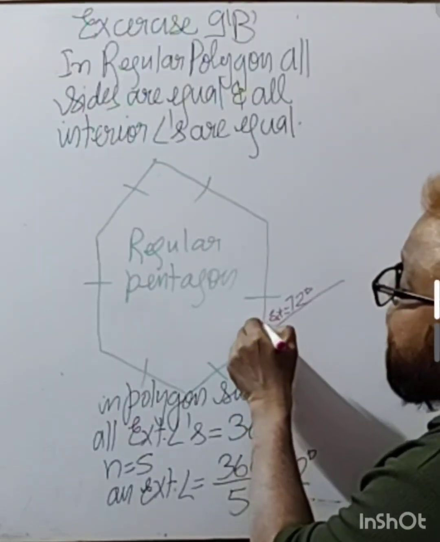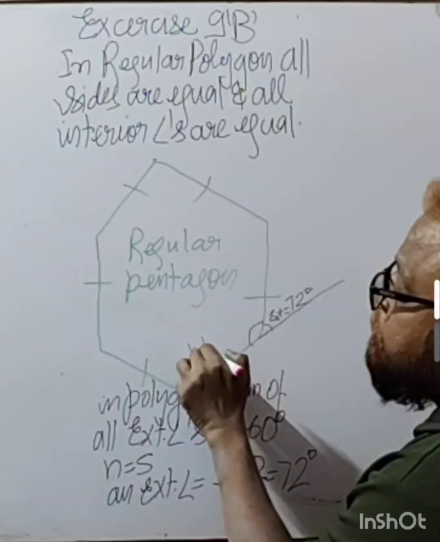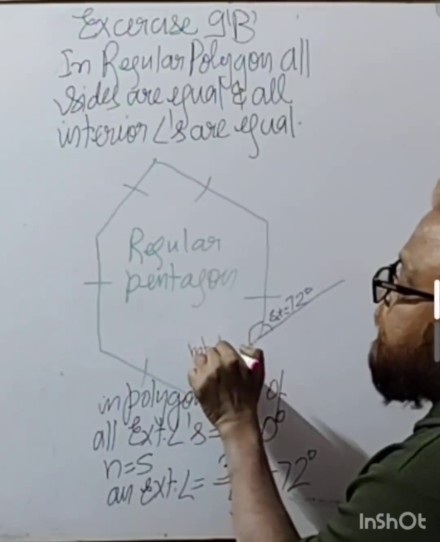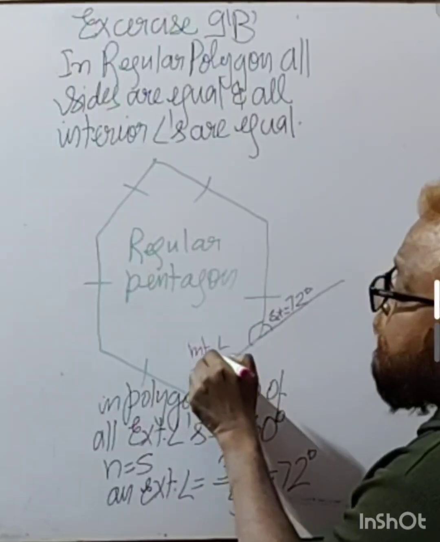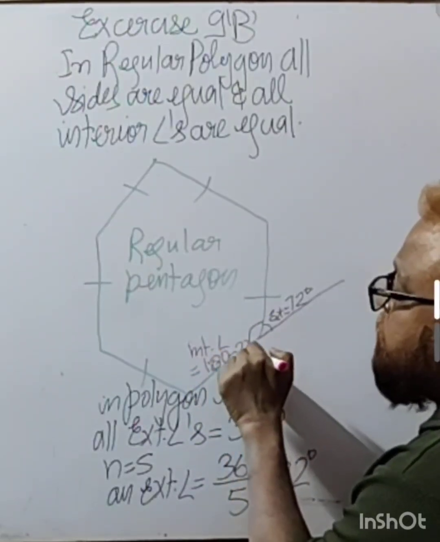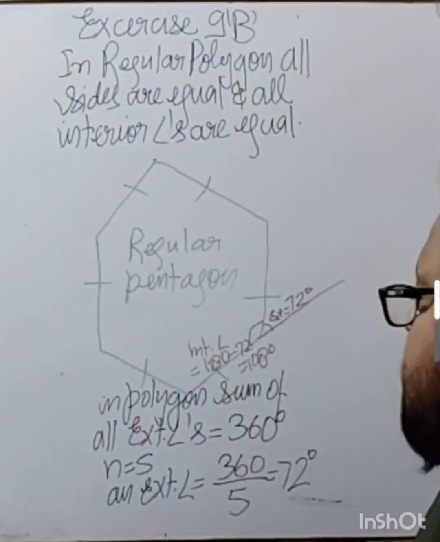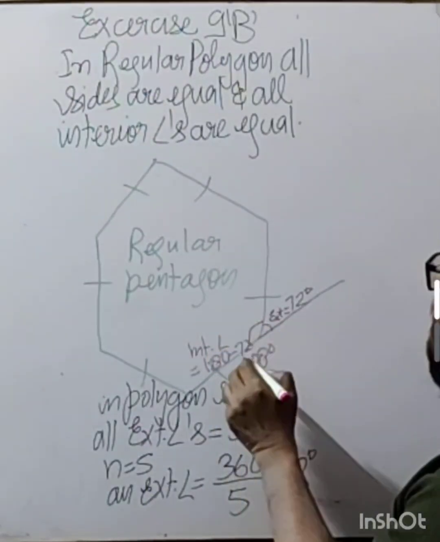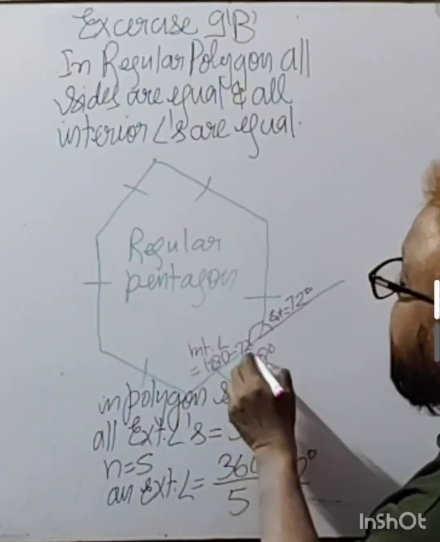And this angle will be the interior angle. So we can take 180 minus 72 becomes 108, right? So the interior angle of a pentagon is 108.